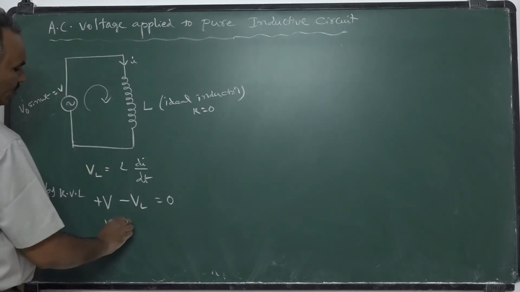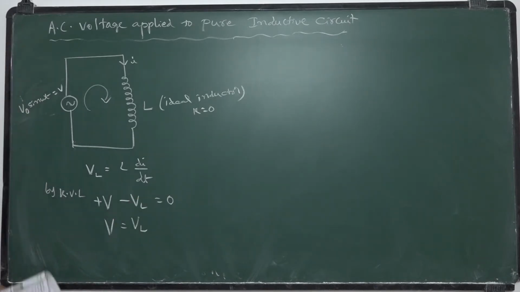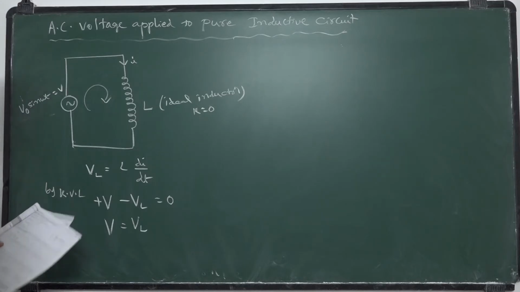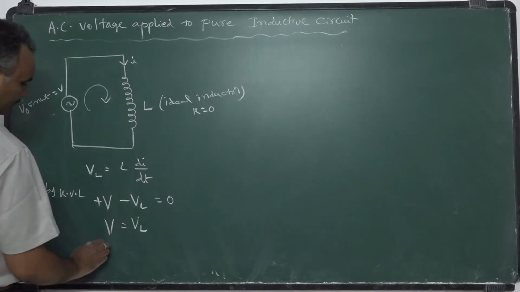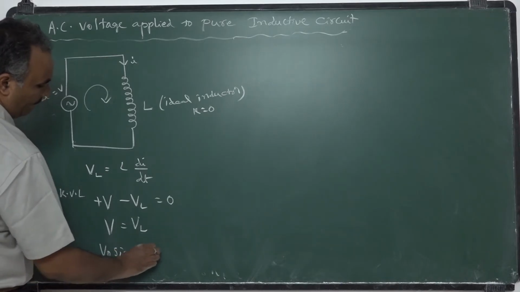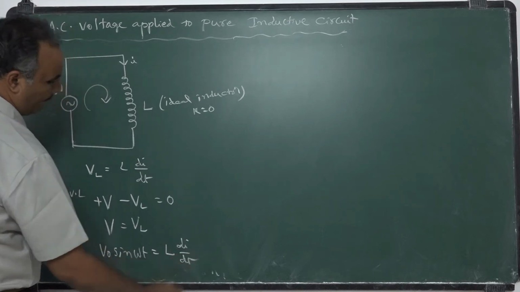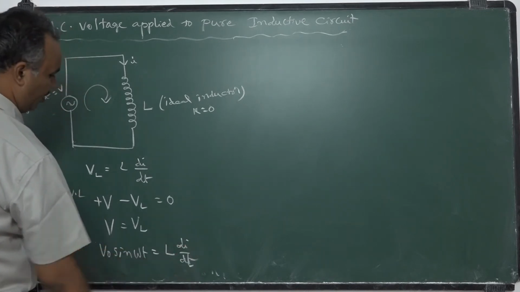So V is equal to VL. That is, V means V naught sin omega t, and VL means L into di by dt.